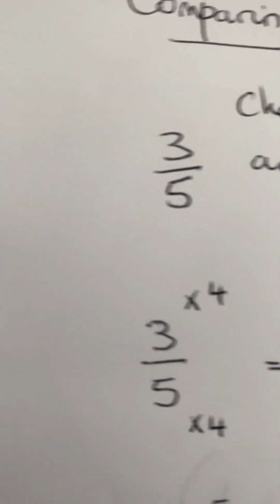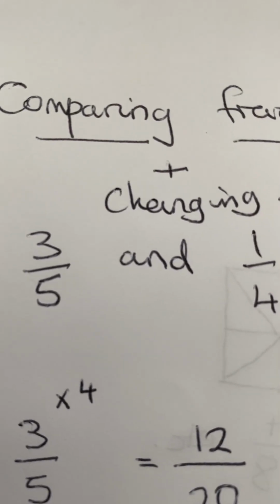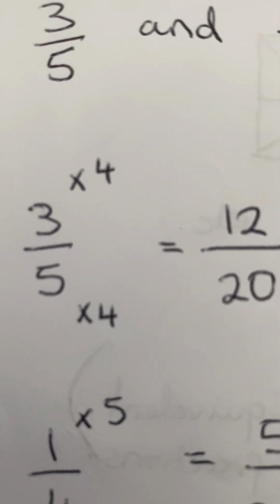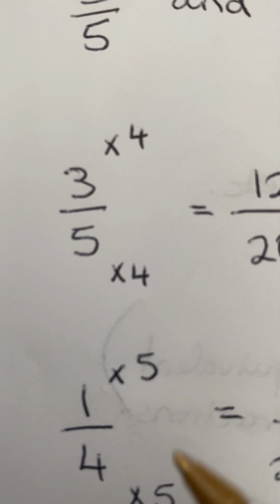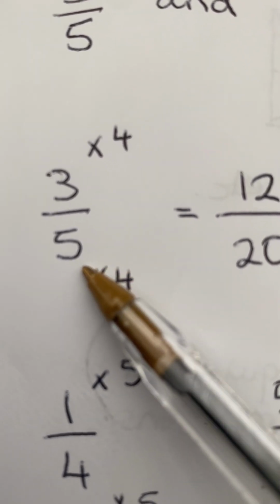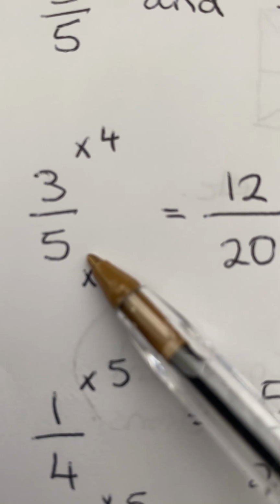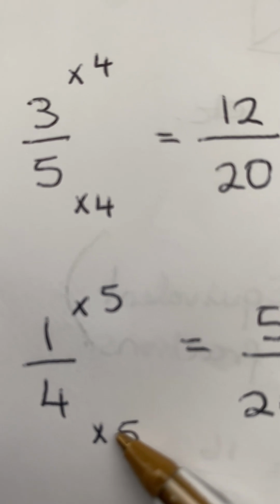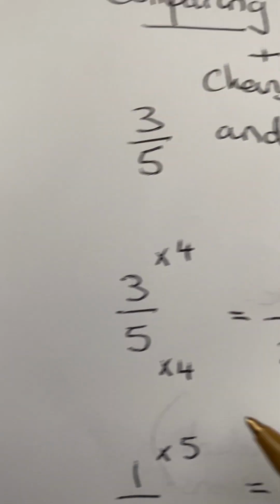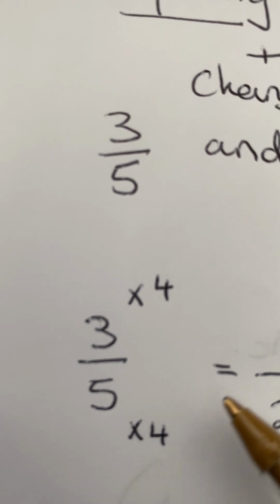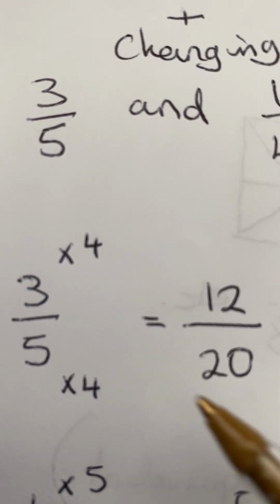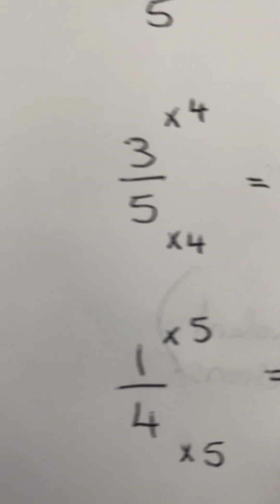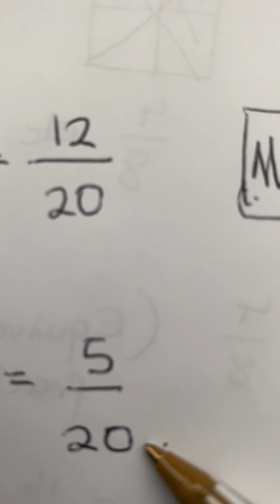Okay, so first of all, look at 3 over 5 carefully and look at 1 over 4. Okay, 20 will be a multiple of 5 and 20 will be a multiple of 4. So straight away I'll put an equal to sign and write under my denominator 20 and then 20 there.